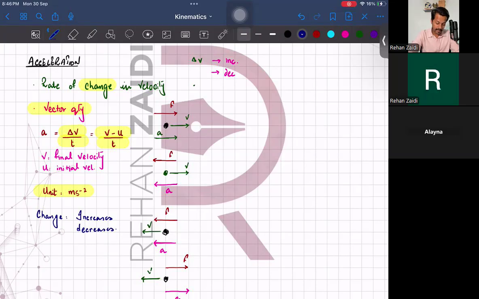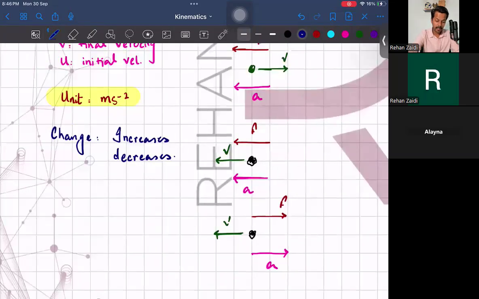But what if the magnitude of velocity remains constant, remains the same, but its direction changes?